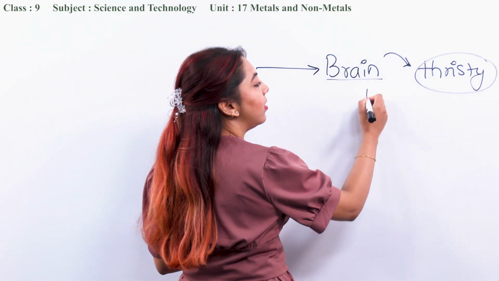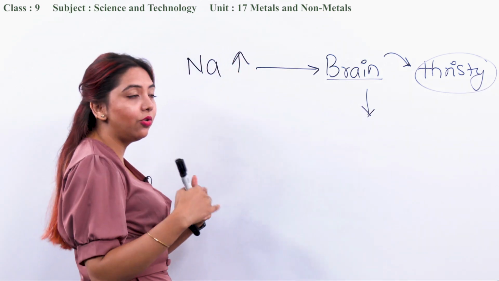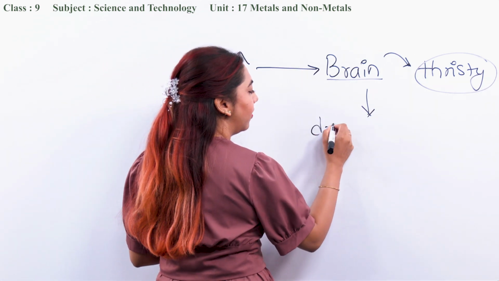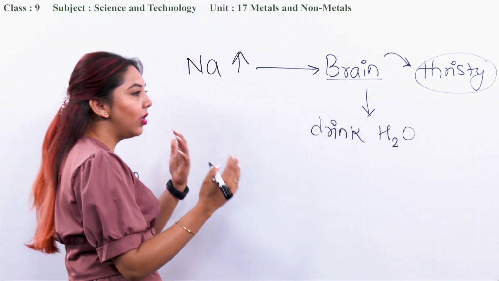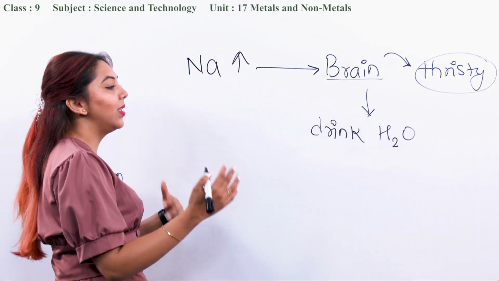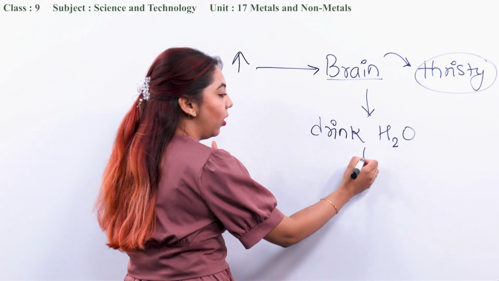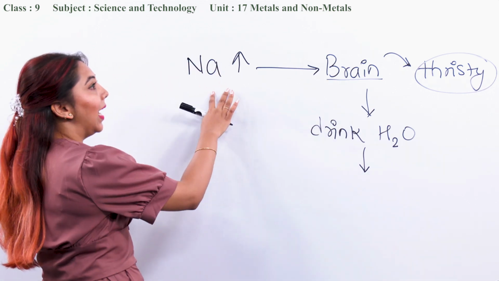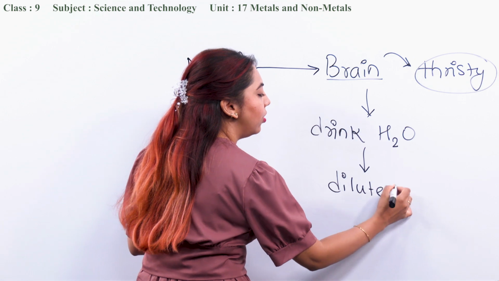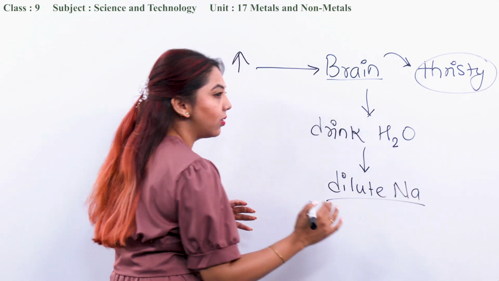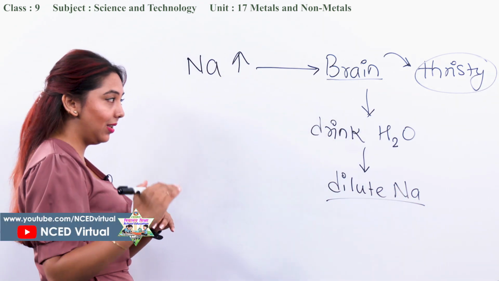So when we feel thirsty, we tend to drink more water. Now when we drink water, our body will be supplied with water, and it will then dilute the amount of sodium that is present in our body. So the level of sodium decreases.